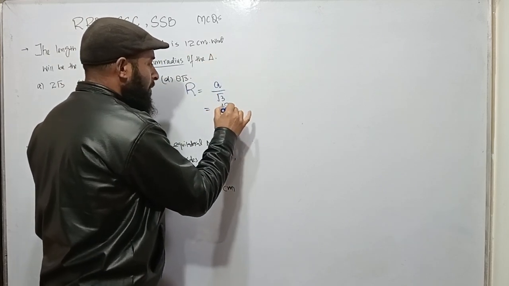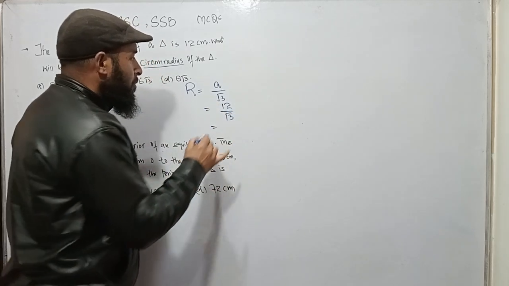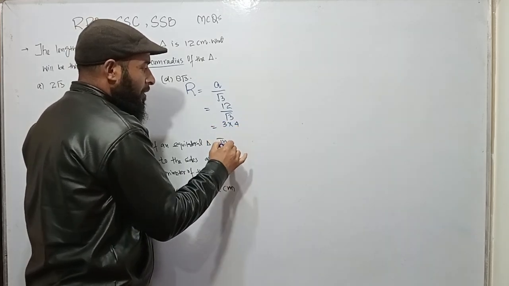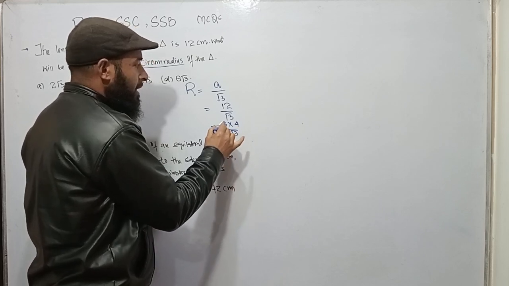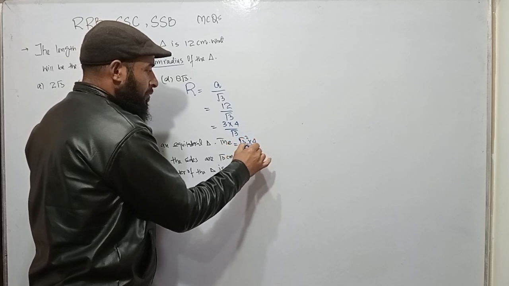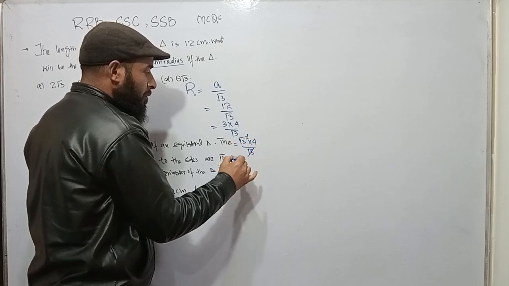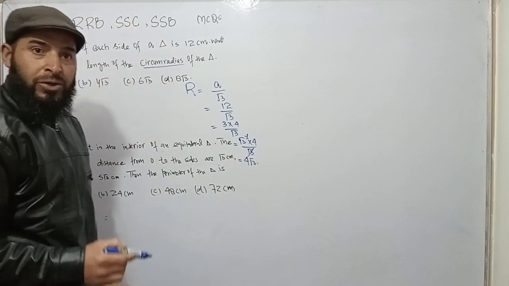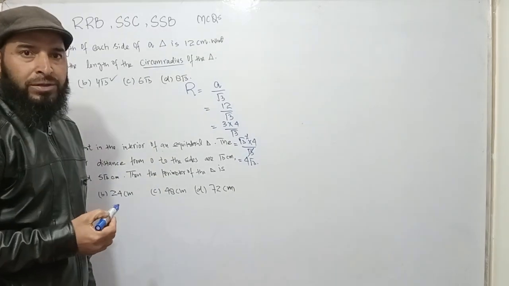So this will be 12 upon root 3. 12 can be written as 3 into 4 upon root 3, and this can be written as root 3 square cross 4 upon root 3. This root 3 and this will go and we will get 4 root 3. So our correct option will be 4 root 3.